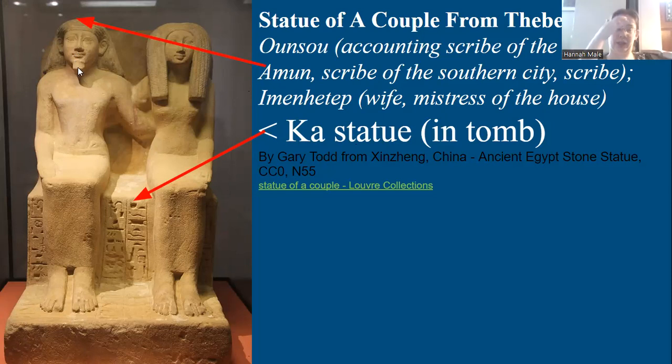And then when his wife died, she was buried with him as well. And so again, in these hieroglyphs, you get both their titles and their names. So you see his wife again, and then that mistress or lady of the house title that we've seen before for the wife as well.